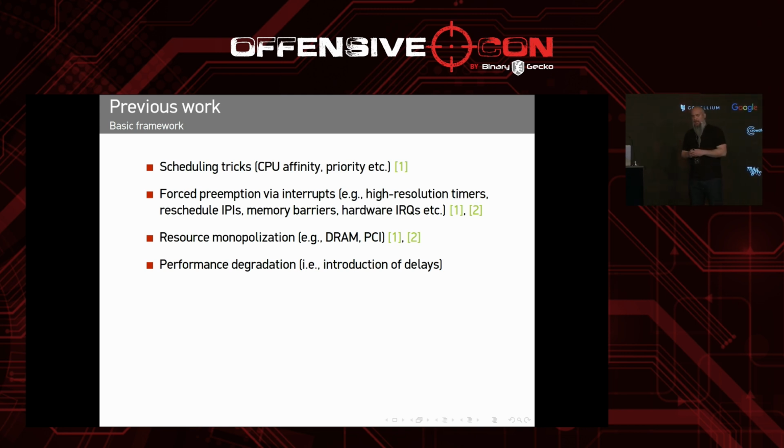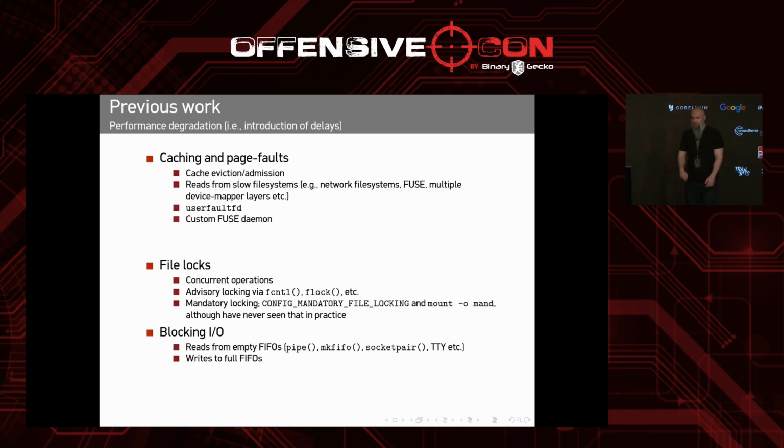Another category of techniques is the so-called performance degradation techniques. That is the introduction of delays in threads, which allows an attacker, to a certain extent, to mess with the scheduling order of threads. To do this, we can use several techniques. The most common ones are caching and page fault techniques.